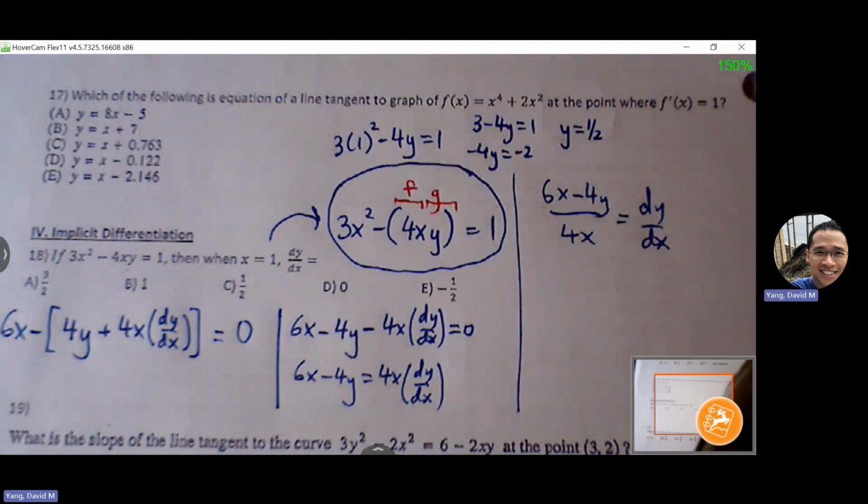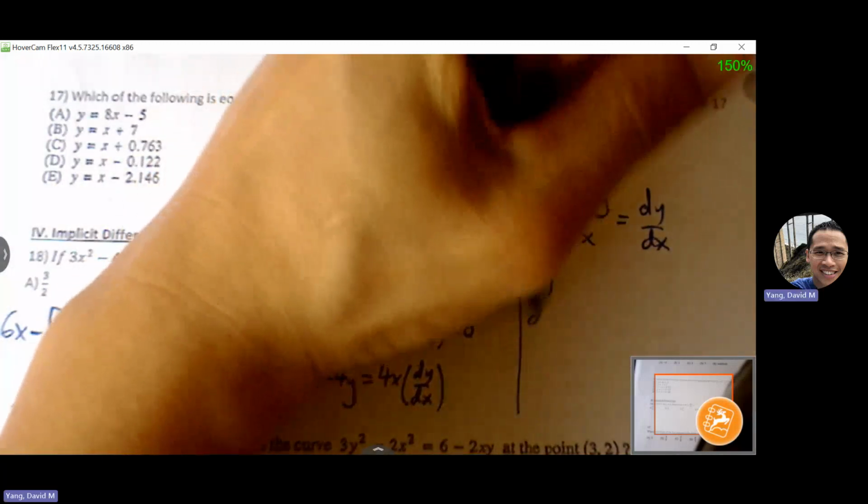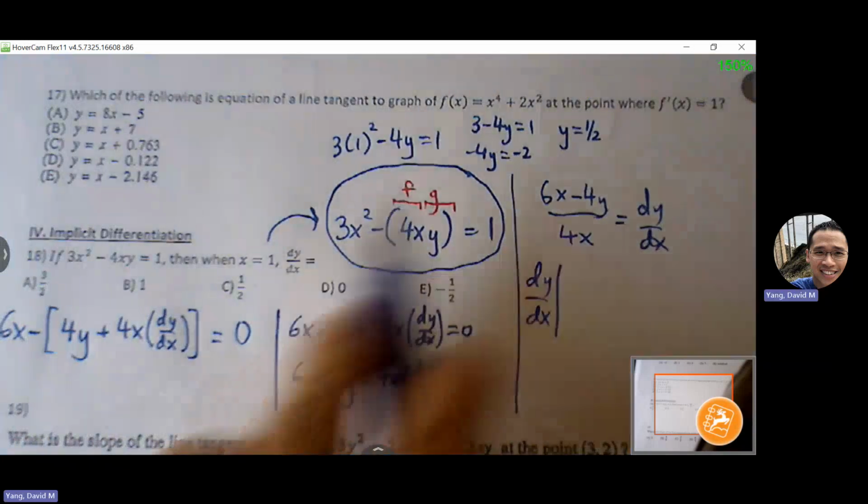So I get y is equal to 1/2. So I know my full ordered pair, which is (1, 1/2).